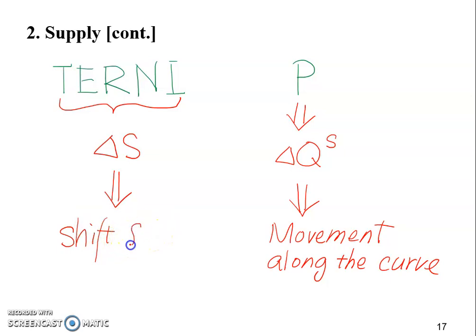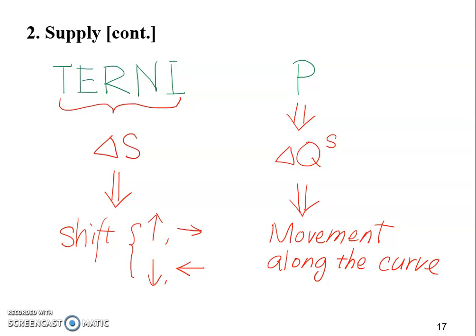When sellers will supply more, when supply goes up, we do a rightward shift of the supply curve. When supply goes down, we see a leftward shift. This is consistent with what we discussed in demand theory: more means rightward shift, less means leftward shift.